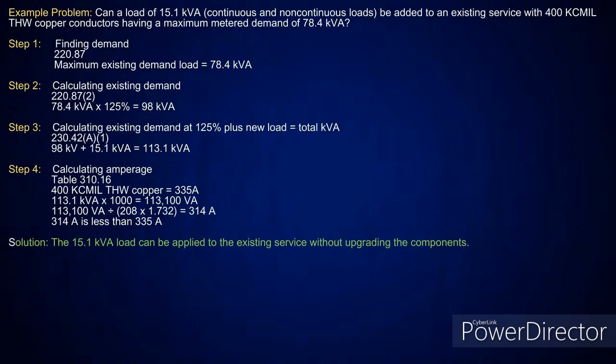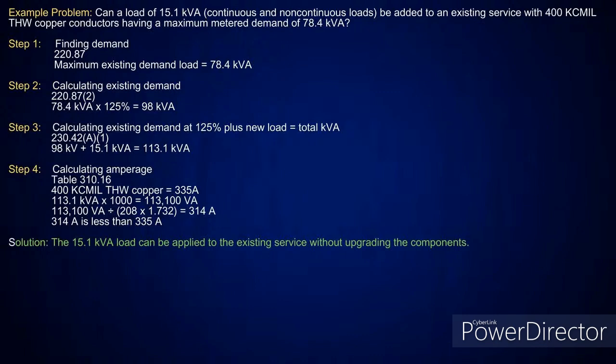So now I just need to determine if the conductor is large enough. Let's go over and look at Table 310.16. When you pick up 400 kcmil, it's going to tell you we've got a THW, which is listed in the 75°C column, of 335 amps. So let's put it in VA form to see if I exceed that.